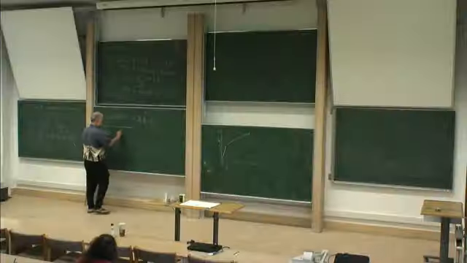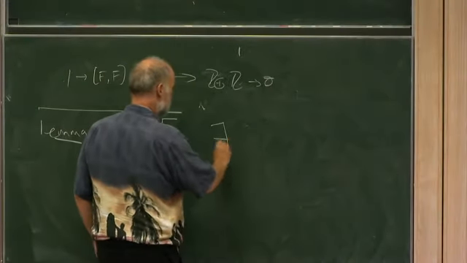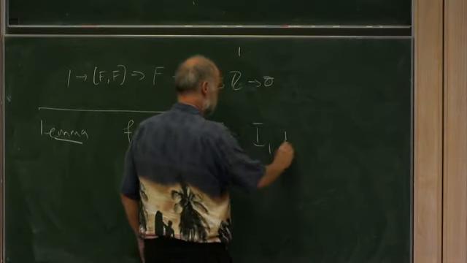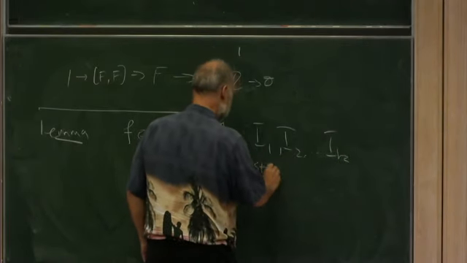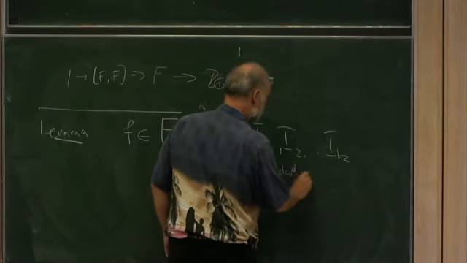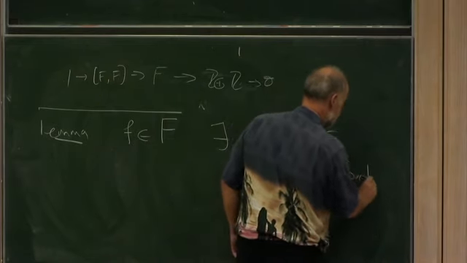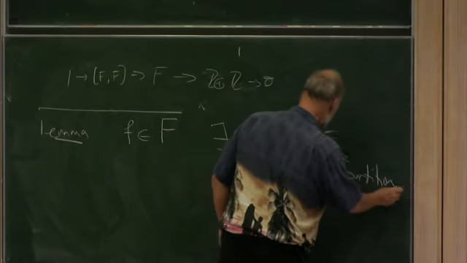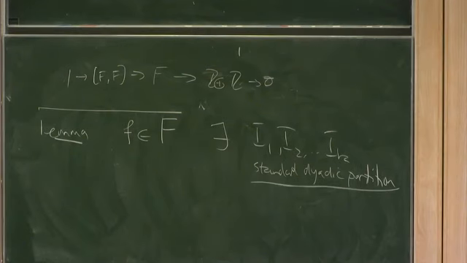Given f belonging to F, there exists I1, I2, up to Ik, a standard dyadic partition. And by that, of course, I simply mean a partition of the interval into standard dyadic intervals, so it's going to have something to do with this tree.